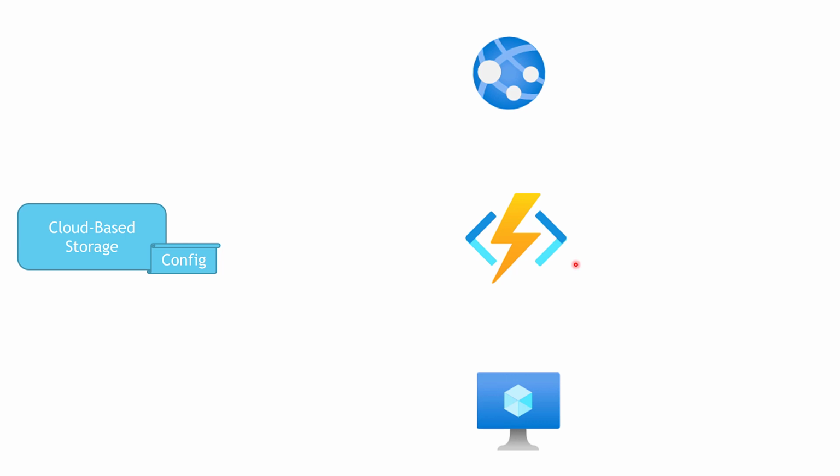The cloud-based storage could be a Key Vault, a blob storage, a SQL database, or any other cloud-based storage that you would like. But the idea is to move the configuration settings out from the different components and put them in a highly available cloud-based storage, so all of the components can access it easily and directly.